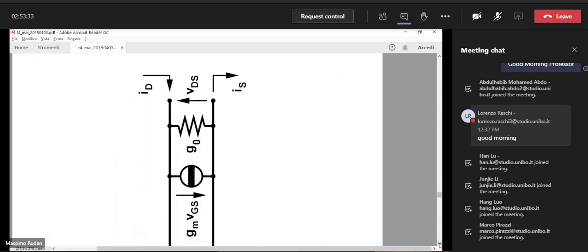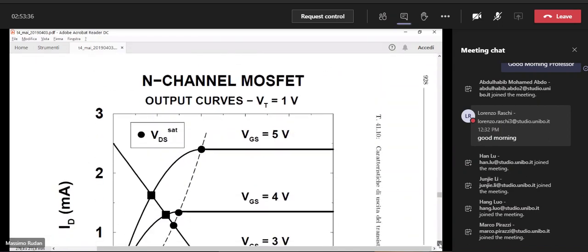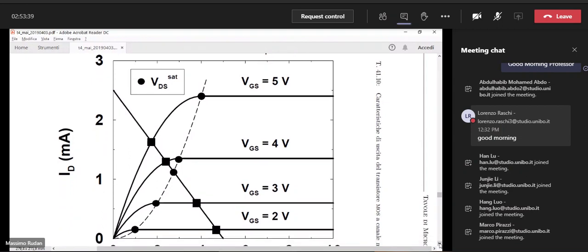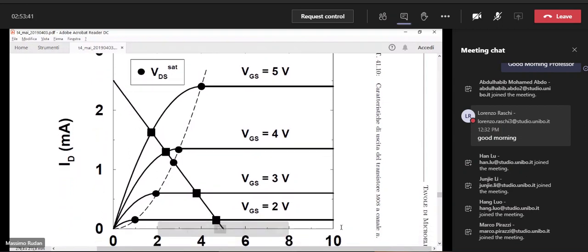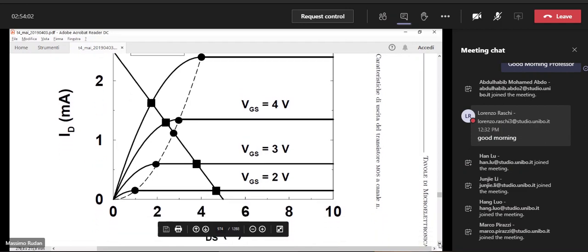I think I have some curve somewhere here. The experiments show that if you fix VGS, for instance, in this figure, take VGS equal to 5 volts, okay? And on the horizontal axis, we have VDS, okay? And then you start from 0 and you start increasing VDS.